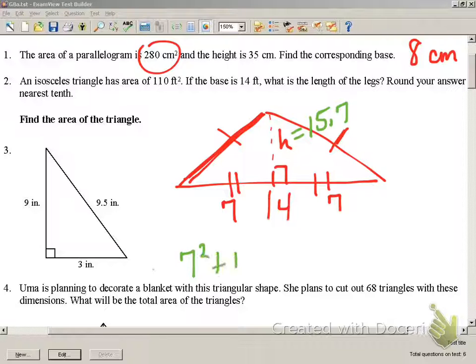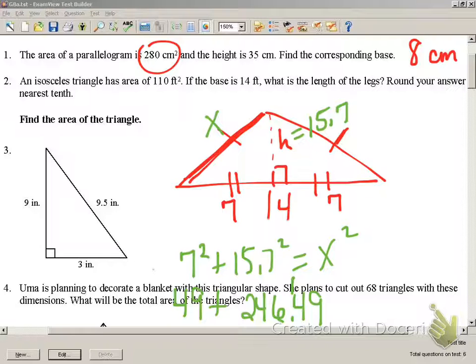I will now use Pythagorean theorem. 7 squared plus 15.7 squared equals x squared. That's the leg. That's what it's asking us to find. Using our calculator, 7 squared is 49. 15.7 squared is 246.49. So I'm going to add 246.49 plus 49.